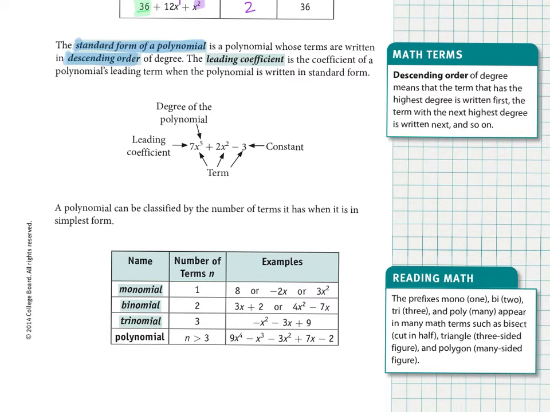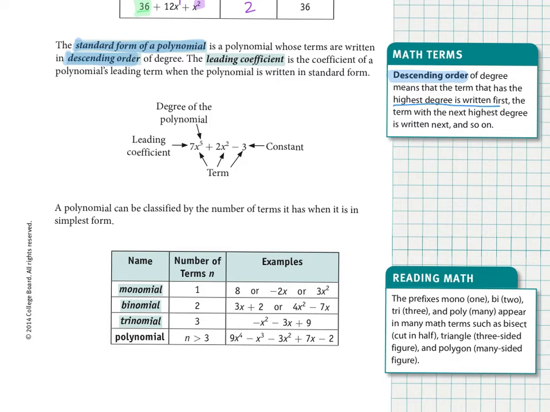Over in the margin on the right side, it tells us what descending order means.